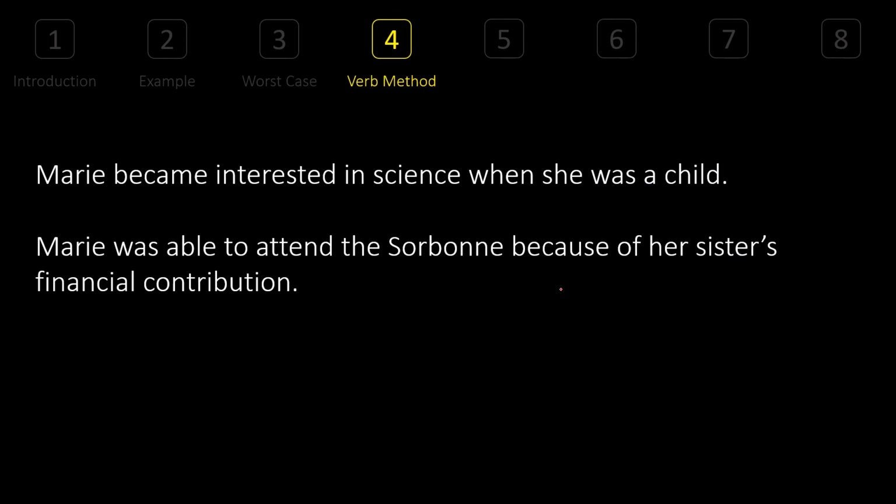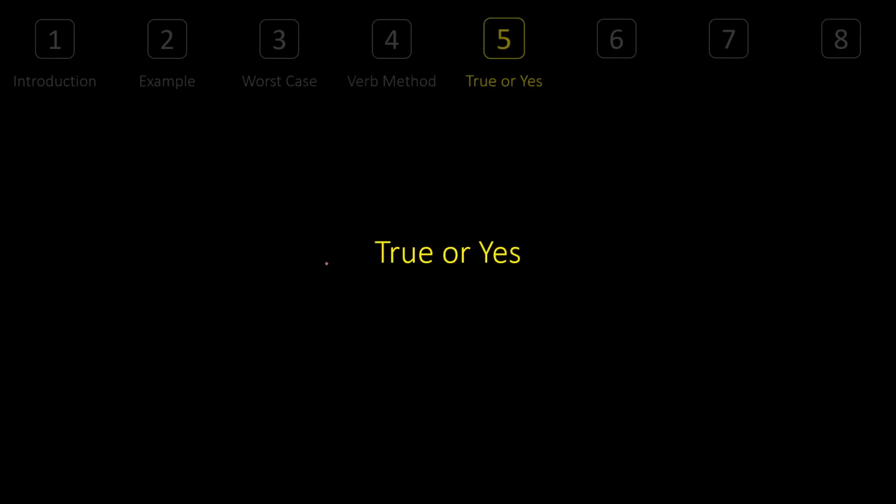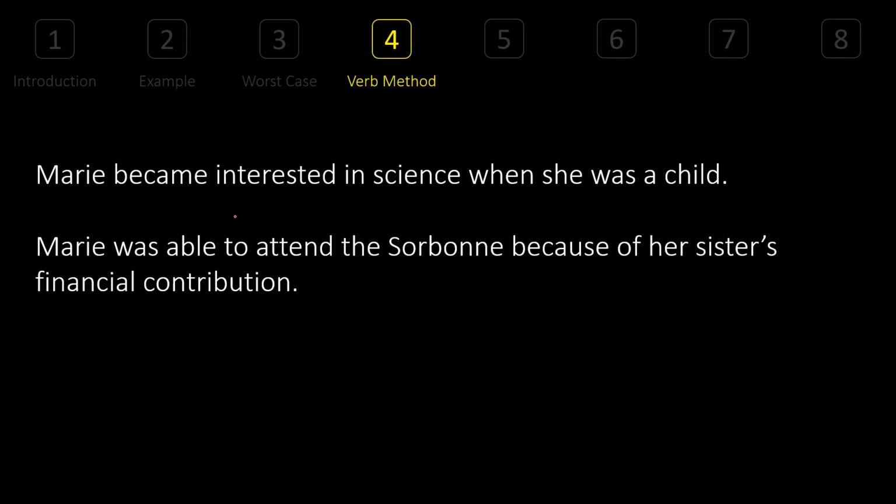Now, this is one of the few sentences we have seen earlier. Mary became interested in science when she was a child. Mary was able to attend the Sorbonne because of her sister's final contribution. Right? Your task in this method is to find out where the verb is.